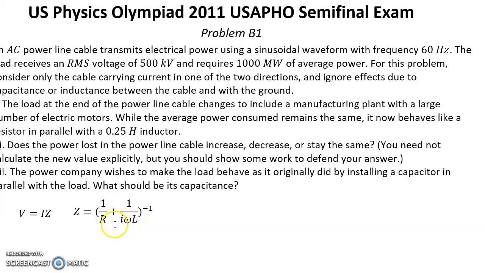It means that now the absolute value of Z is less than R. It means that Z decreases, I increases, the current will increase. That's the answer for question 1.